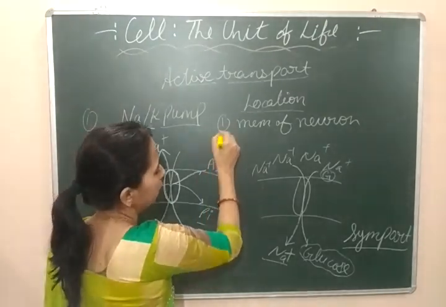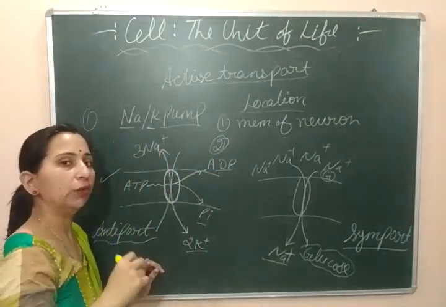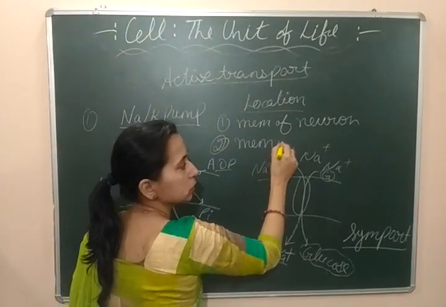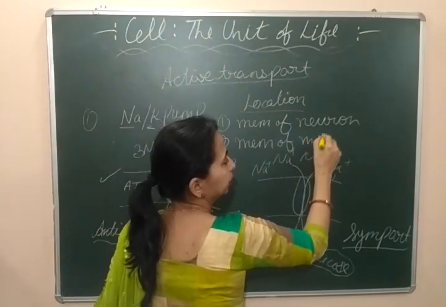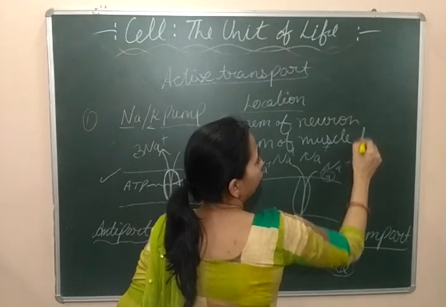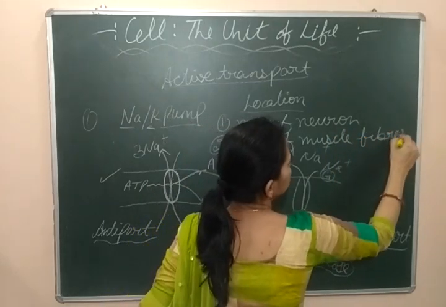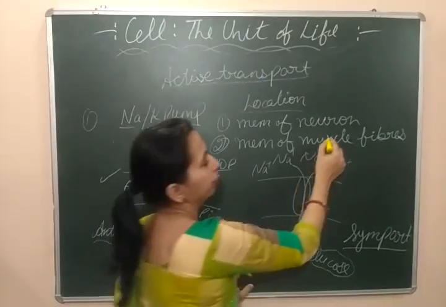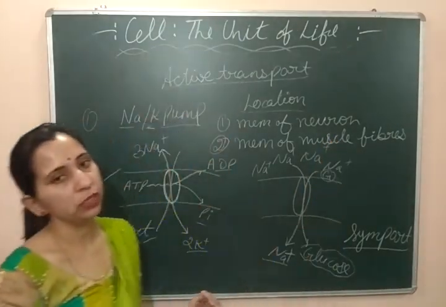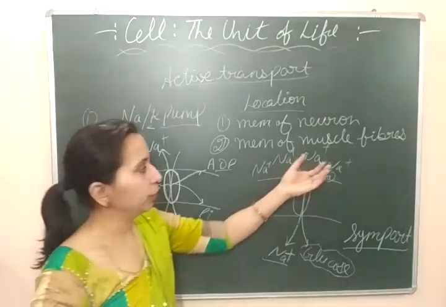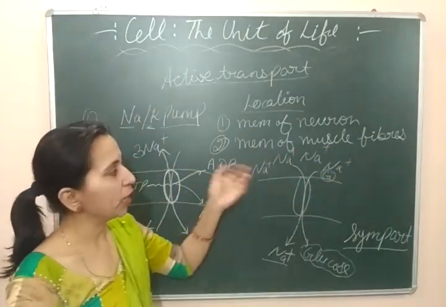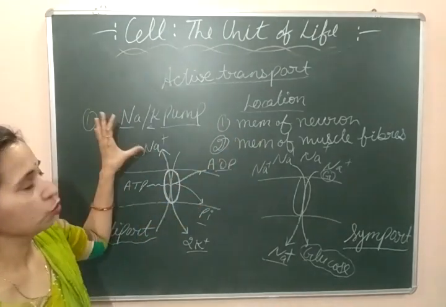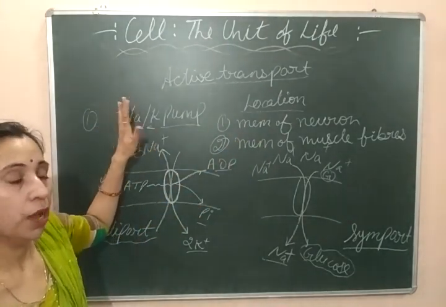And the second example is the membrane of muscle fibers. Muscle fibers are the fibers which help in muscle contraction and relaxation. Specific proteins are present there which help their contraction and relaxation. So muscle fibers are also a site where sodium and potassium pumps are present.